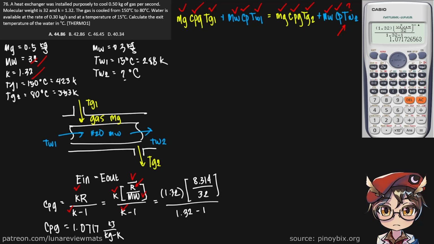Let's start with the gas: Cpg times Tg1 minus Tg2. And then we have our water: Mw, Cp, Tw2 minus Tw1. Okay, so all we did here was transpose. Now we can write down the values.